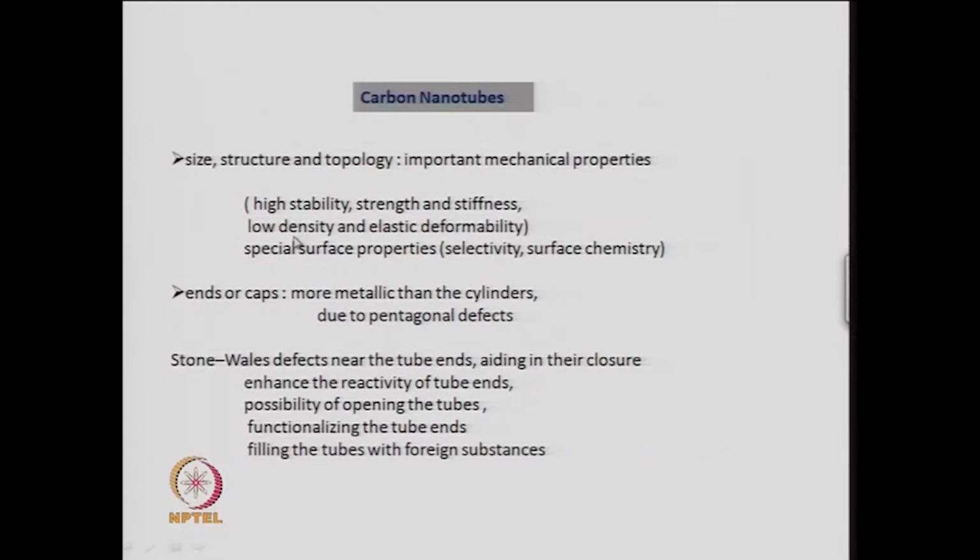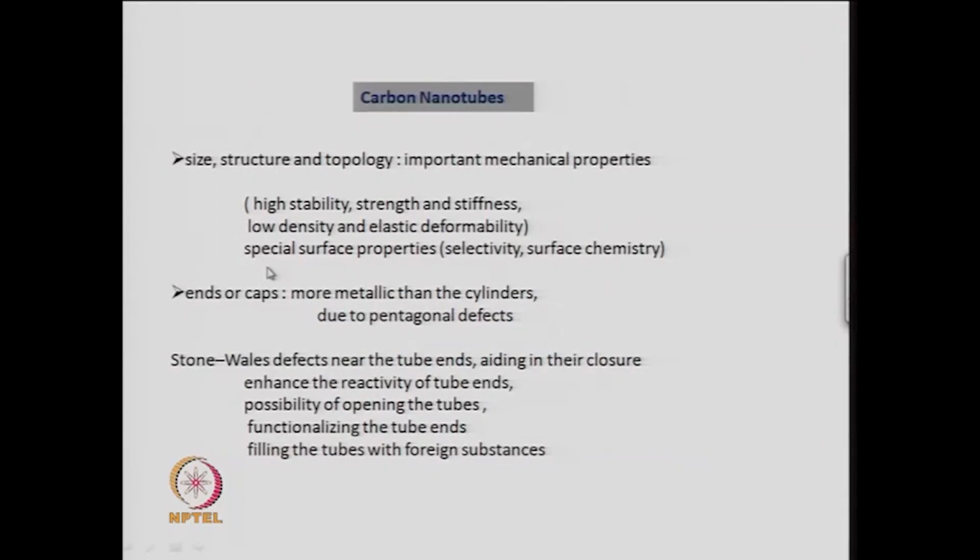It has low density and it has flexibility or elastic deformability. All these properties are positive for materials to be used for applications. Apart from high strength and stiffness, it also has unique surface properties, and you can do a lot of surface chemistry with some selectivity towards certain reactions.